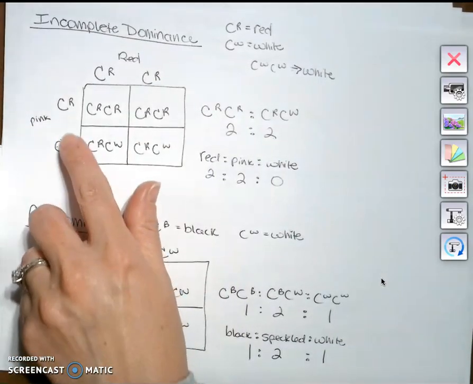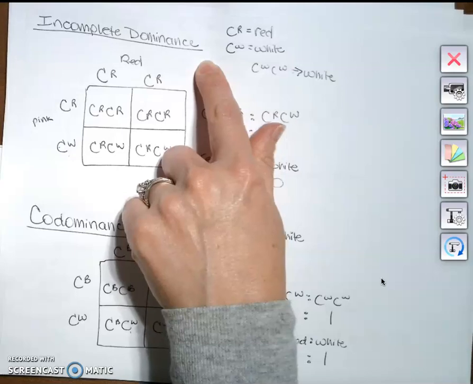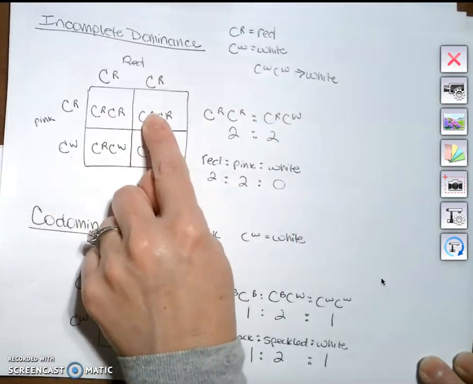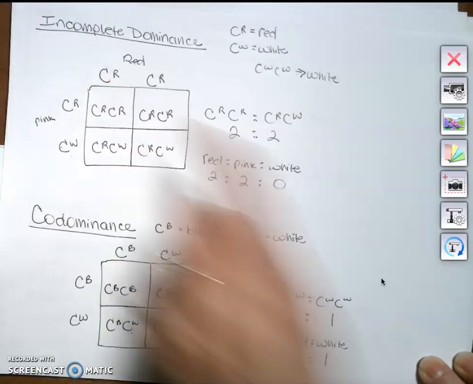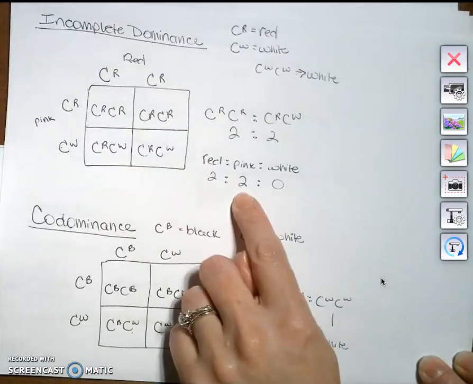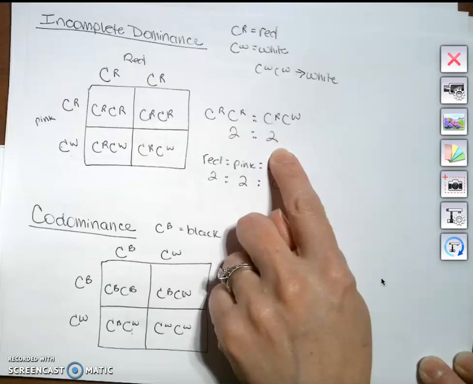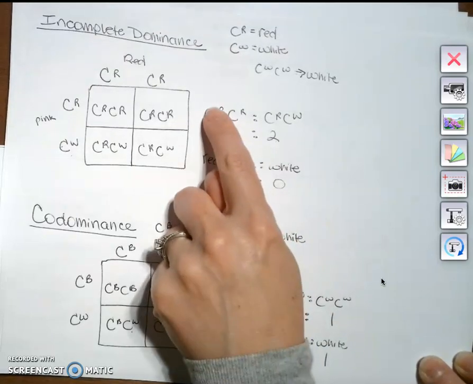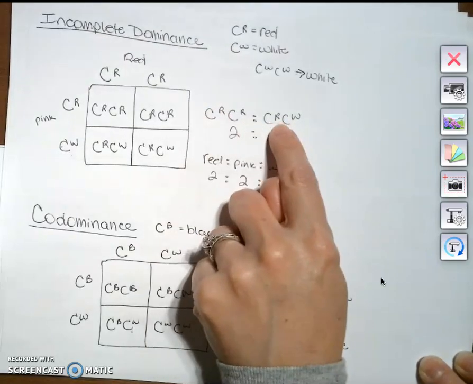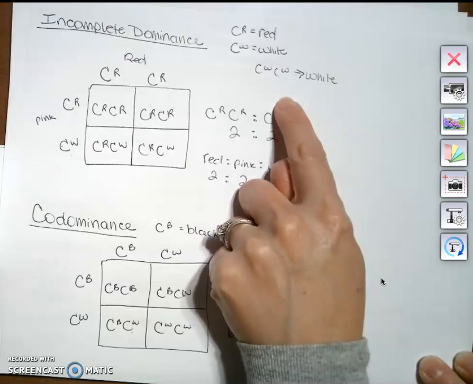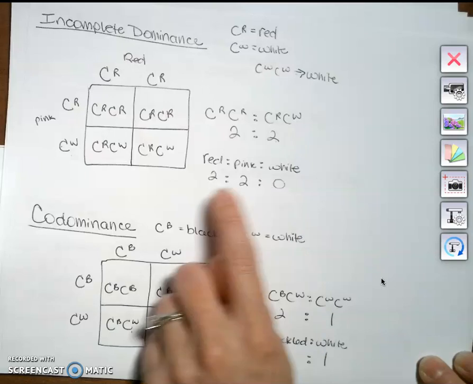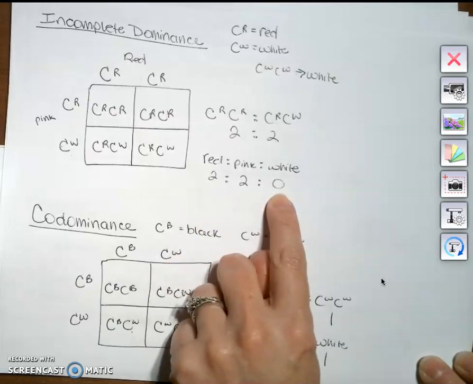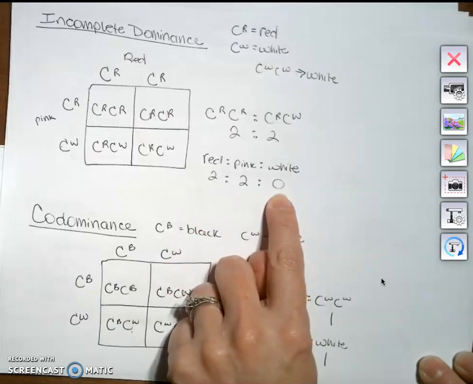And so you should be able to put the parents on the outside, fill in the children, whatever parent joins with whatever parent, and then decipher that back into the phenotype. So you write your genotype ratios, and then you would know that this is red, this is pink. If there were any CWCWs, that would be white. And so we have two reds, two pinks, and no whites, or 50%, 50%, 0%. Okay, so that's how you would model incomplete dominance.